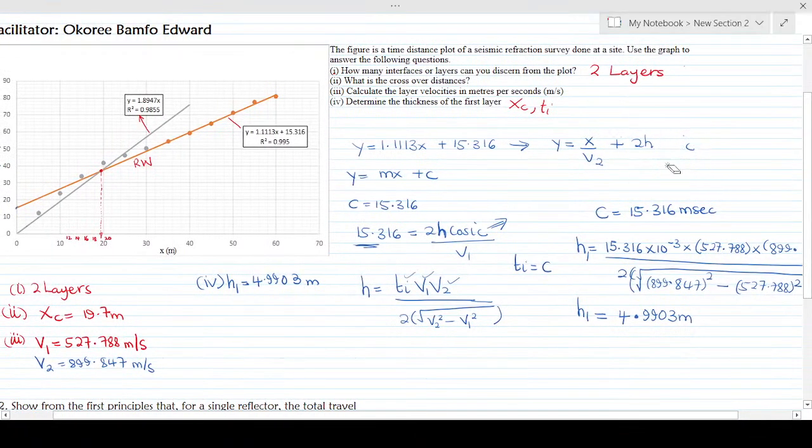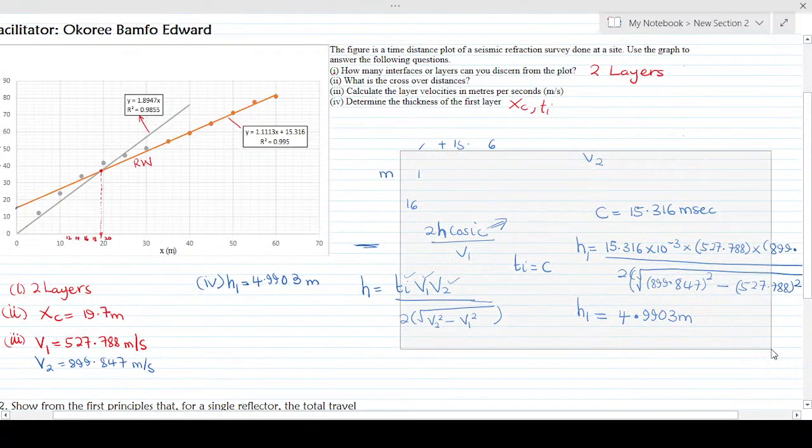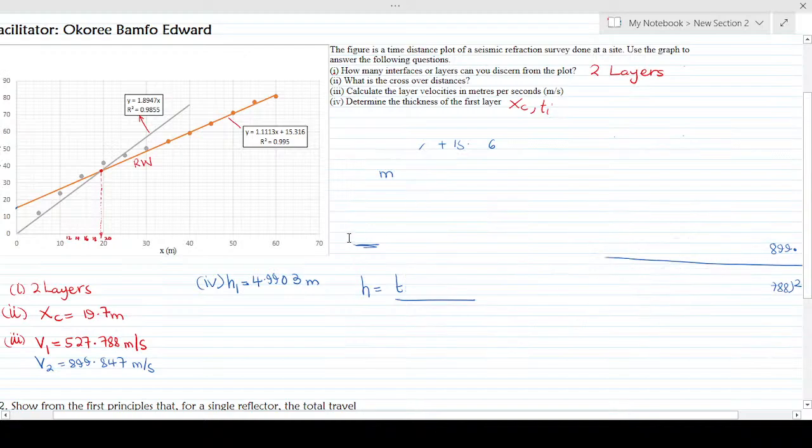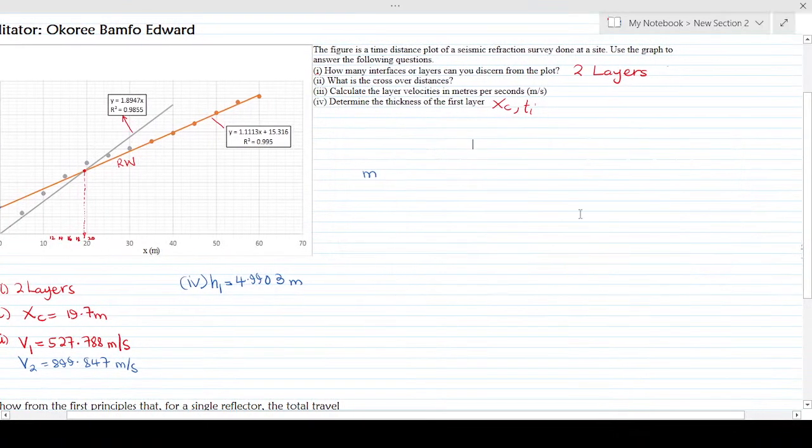Now let's see using the crossover distance. We had the crossover distance xc to be 19.7 meters, right?